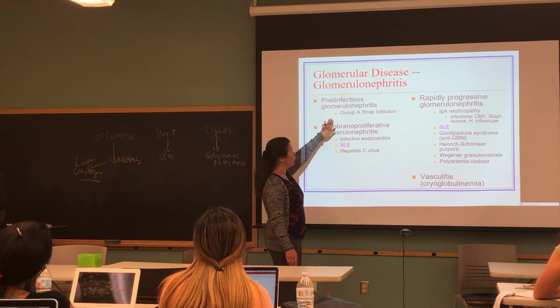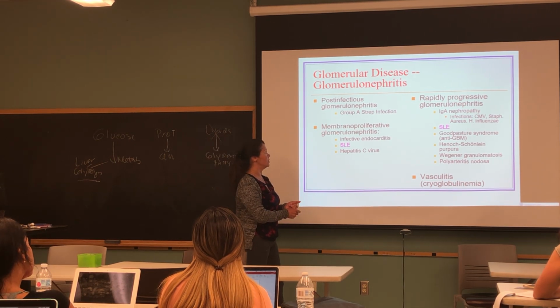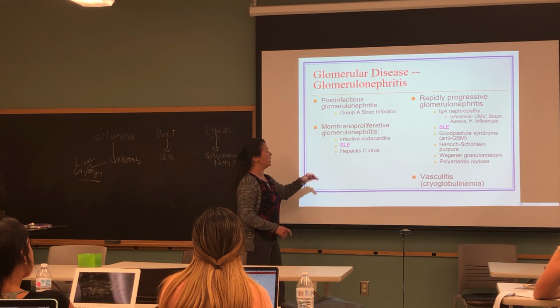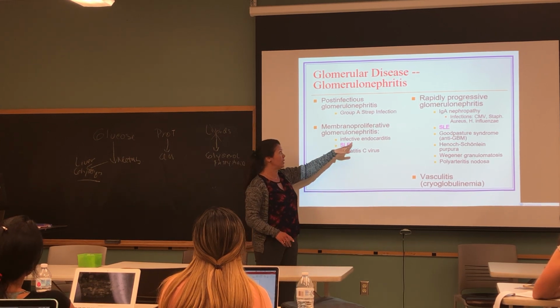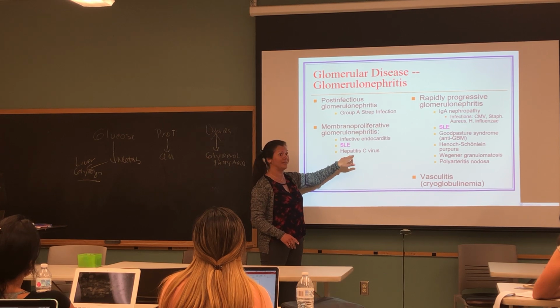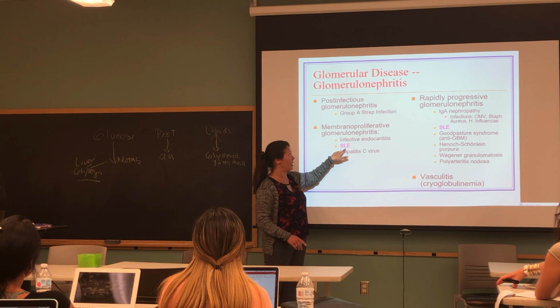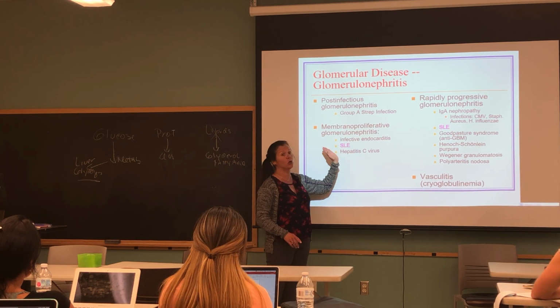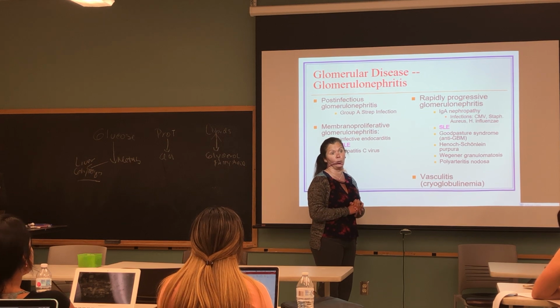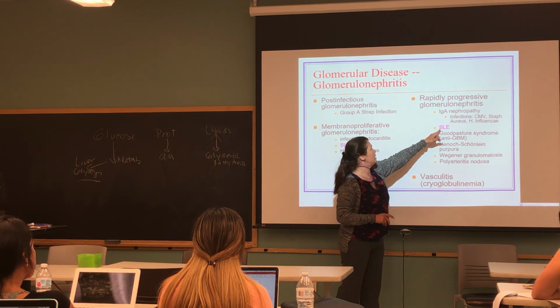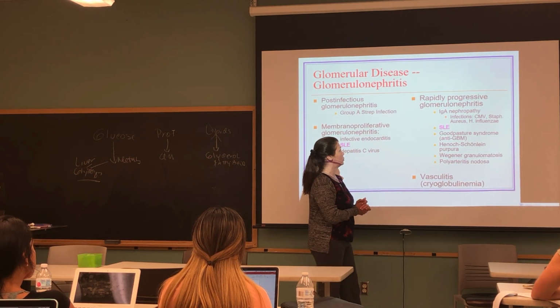That's what we have to avoid, and treat strep infections appropriately. In addition, patients with HIV, endocarditis, hepatitis can have glomerulonephritis. Lupus, even though it is membranous proliferative, is also an autoimmune condition that can give you a progressive glomerulonephritis as well.